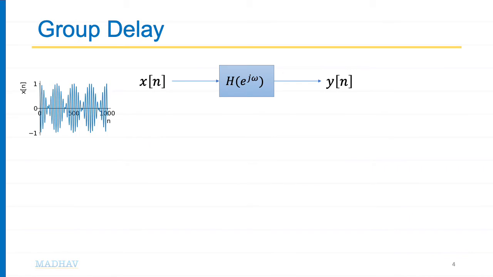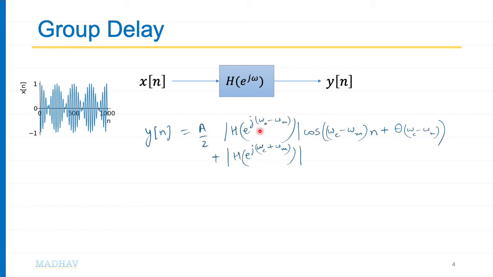The output will be very simple. y[n] is equal to A upon 2 times the gain for the first frequency, omega c minus omega m, the lower frequency, times cos of (omega c minus omega m) n plus the phase shift at the lower frequency, plus the gain for the higher frequency, the upper frequency, times the cos of (omega c plus omega m) n, plus some phase shift at the higher frequency.